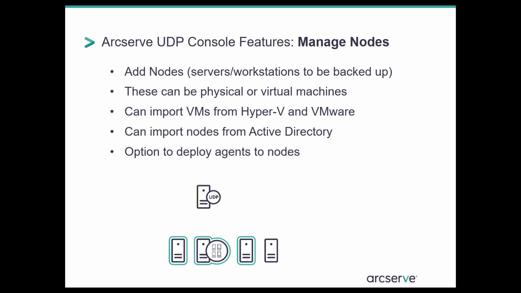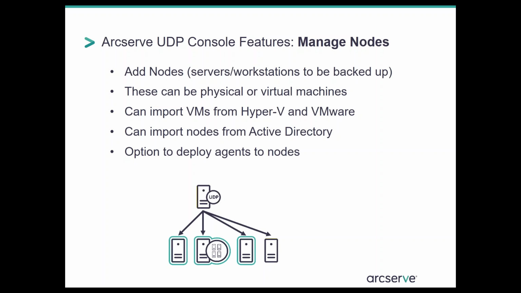So we're going to take a look at how we can do this and more with the Arcserve UDP Console. The first thing is when we add an Arcserve UDP Console, we need to be able to manage nodes. Now, node is the name we give to servers or workstations that we're looking to back up. These can be physical or virtual machines. We can add them manually. We can type in their host name or IP address.